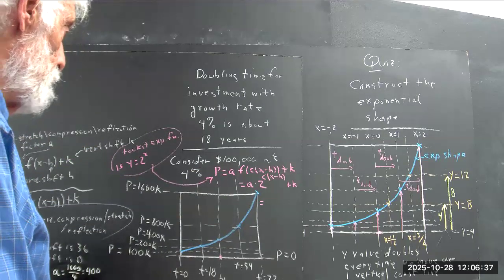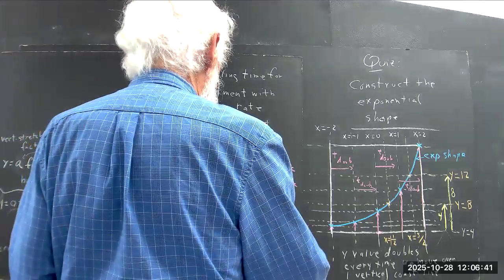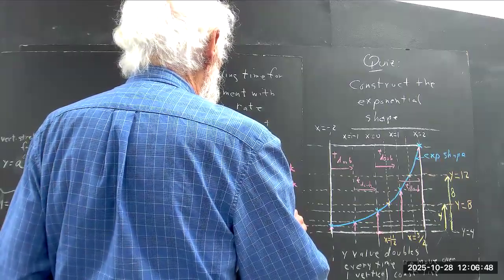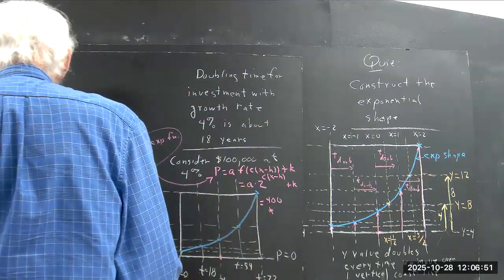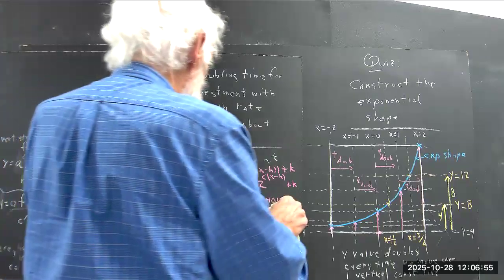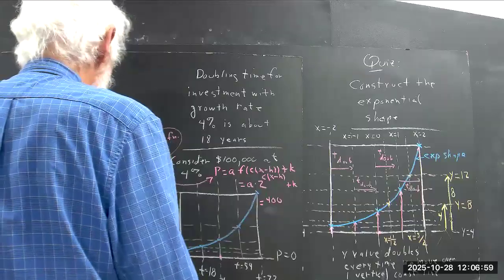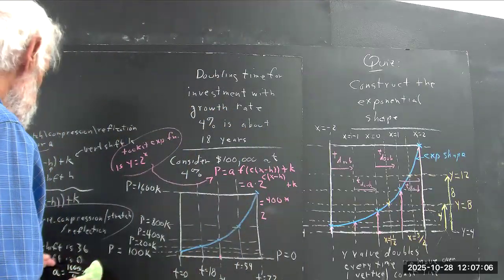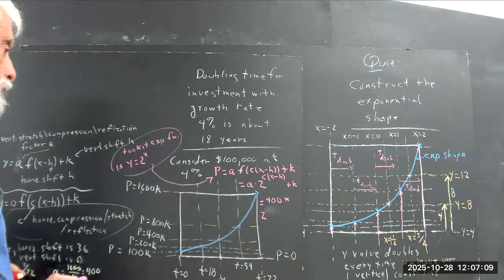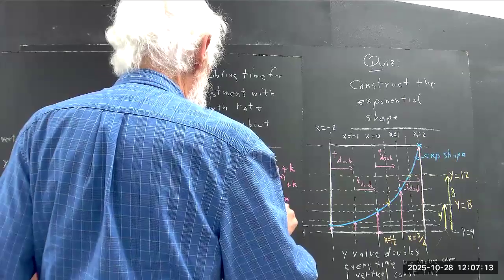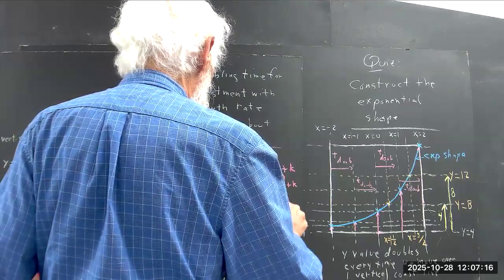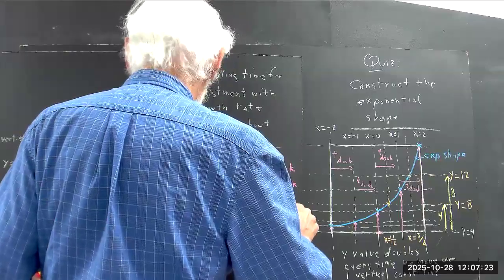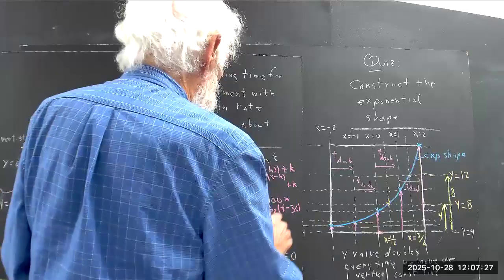So when I write this out, this is then 400 multiplied by 2 raised to the C, which is 4 over 72, times the quantity T minus 36.